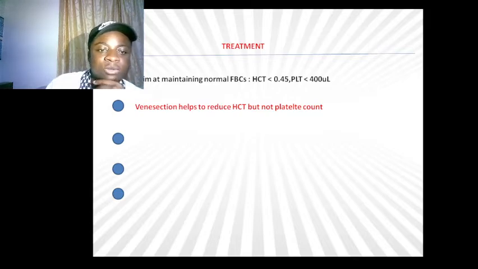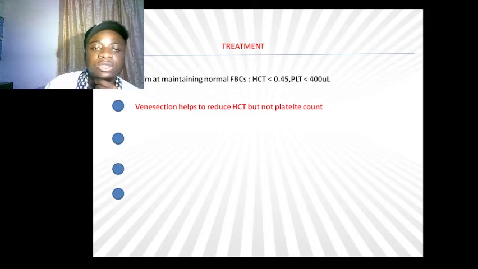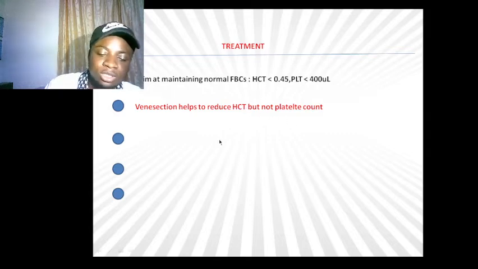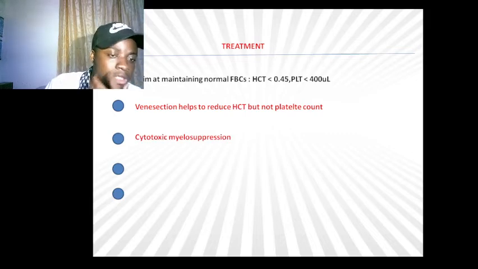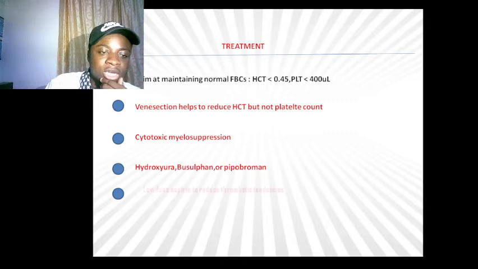Venous suction helps to reduce hematocrit, and it can also reduce platelet count. And then cytotoxic marrow suppression, and sometimes hydroxyurea, busulfan, or pipobroman.